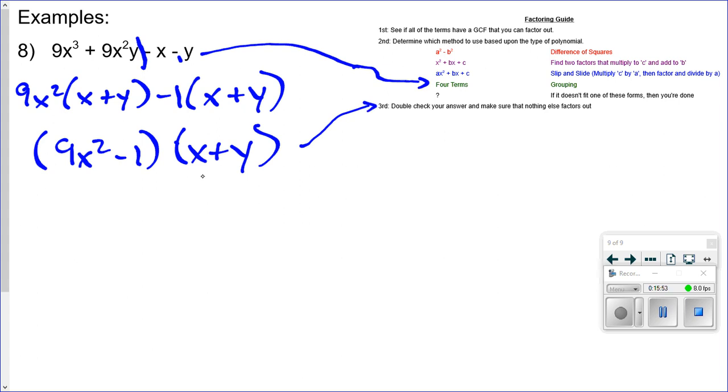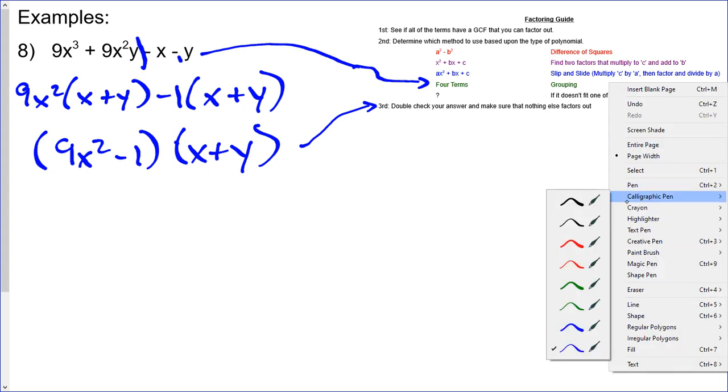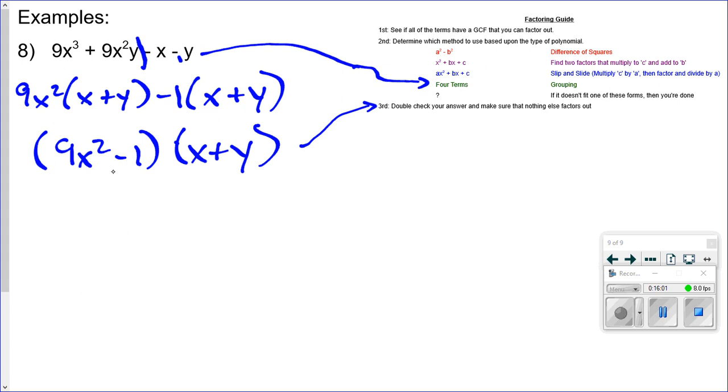Okay. Now this is the only example that I showed you that involves this third step here. So do you see what else we can do to this? Change colors. So if you haven't seen it yet, this is a difference of squares problem. So we're actually going to factor this first binomial again using difference of squares.